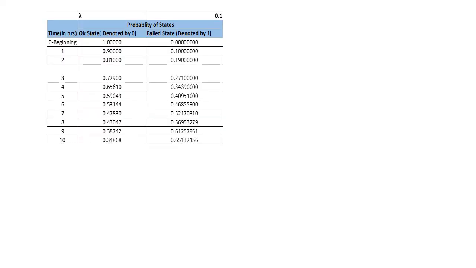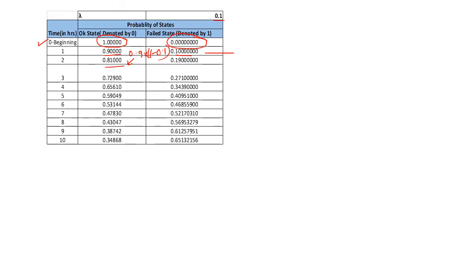If you see, these are the 10 iterations. This is the 0 beginning and we have done 10 iterations. Initially the probability is 1 and 0, then it gets multiplied by this value, so it becomes 0.9 and this becomes 0.1. Then again it is 0.9 into 0.9, so it becomes 0.81, right?